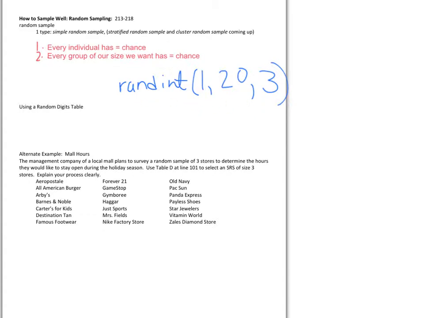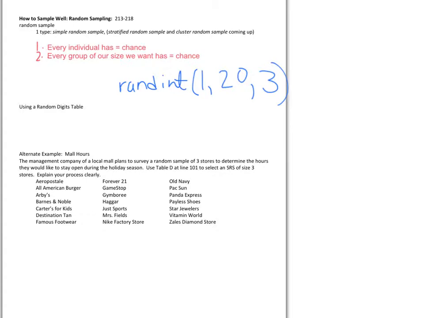So when you're tested on this, oftentimes you have to know how to use this random digits table that we're going to talk about. So I'm going to show you how to use that in order to take the sample of size 3 from this group of stores. But you know that you could technically label all these stores a random digit and then pick 3 of them from it, take the corresponding numbers, 3 numbers that you get, and select those stores.